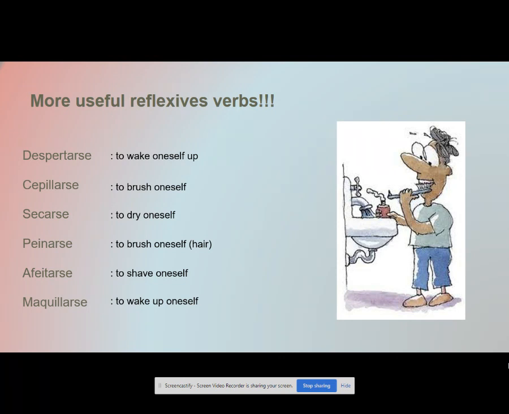Cepillarse can be used to state that you're going to brush your hair or that you're going to brush your teeth. Okay, it can be used interchangeably between the two. So you would hear it like this. You would hear it, yo me cepillo los dientes. O yo me cepillo el pelo. I brush my hair or I brush my teeth.